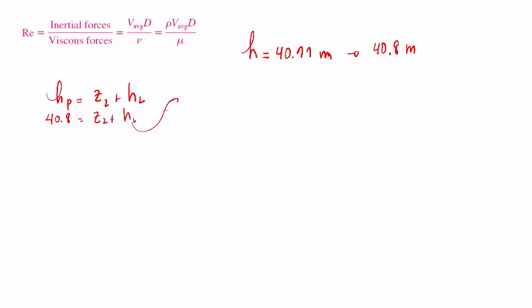Now HL is still the unknown, so I need to calculate HL using the Darcy-Weisbach expression and then the Moody diagram. Remember, the Moody diagram is a figure that, instead of having to do the Colebrook equations, you have it in diagram form instead of having to do iterations.